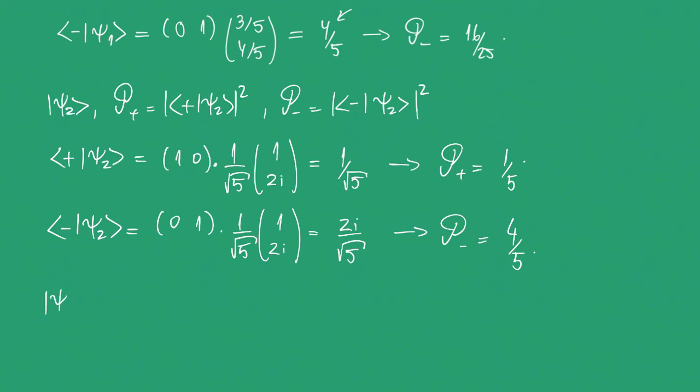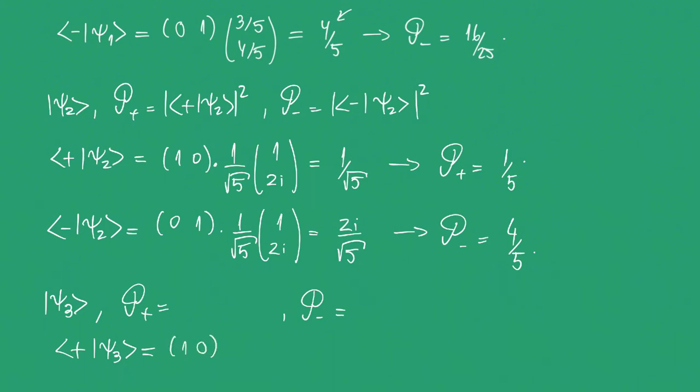Now for the last quantum state, ket psi 3. So you already know the expression for the probability of finding spin up. I'm going to skip this step, and the probability of finding spin down. All we need to do is to calculate the inner products and square it. We have now 1, 0.